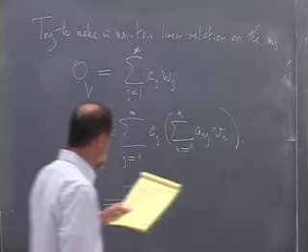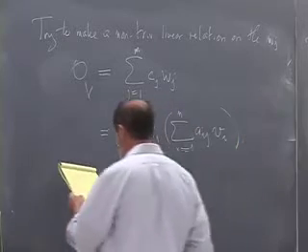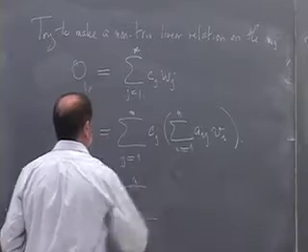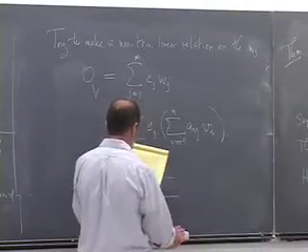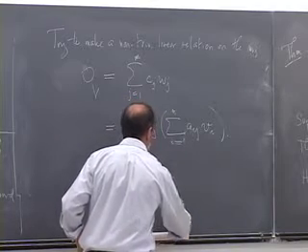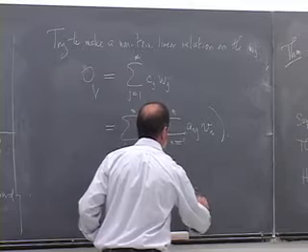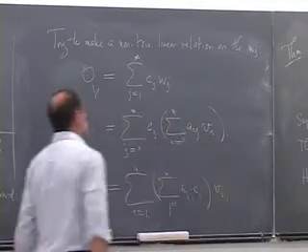I changed my notation here in the middle. It becomes the sum from i equal 1 to n of the summation over j equal 1 to m of Aij times Cj, times Vi.